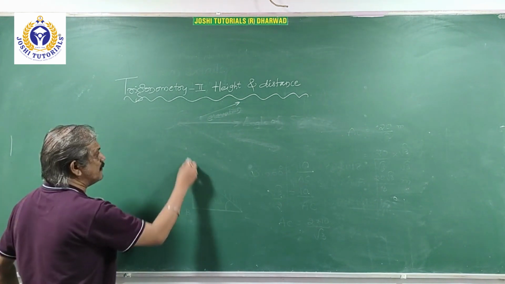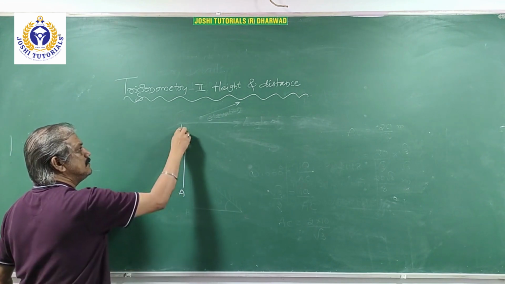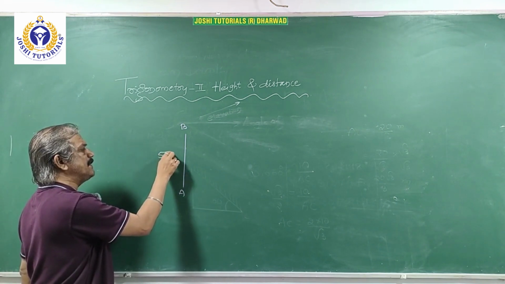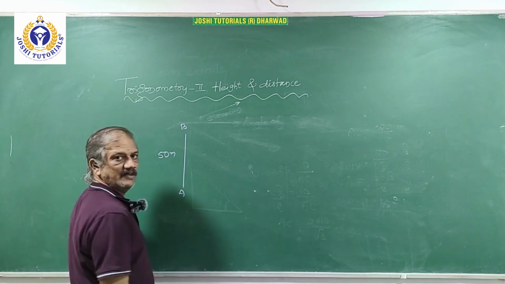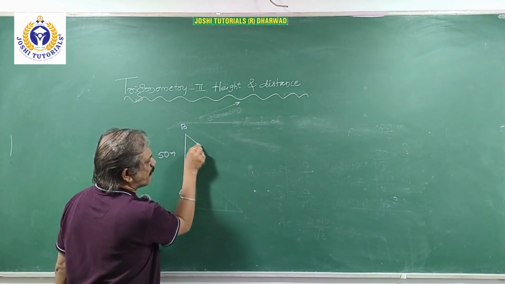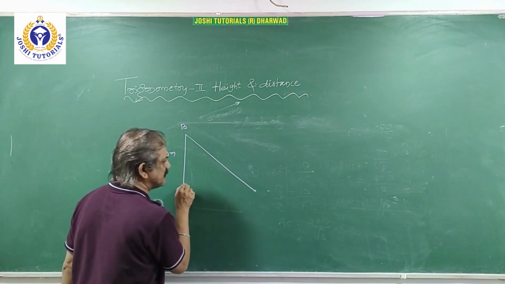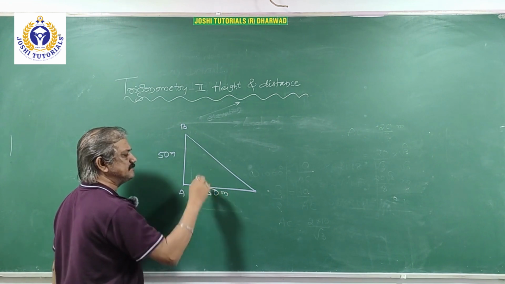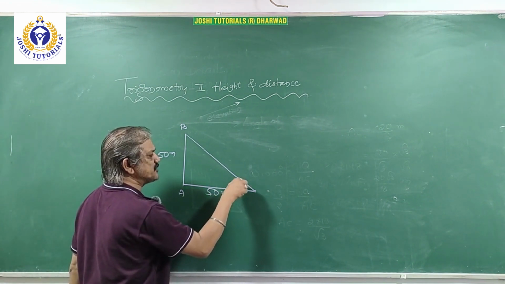There is one building. Building height is 50 meter. An observer is here. He observes the top of the building, standing away from the base of the building, say by 50 meter. Find the angle of elevation.